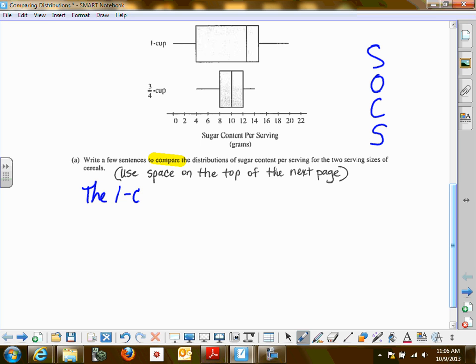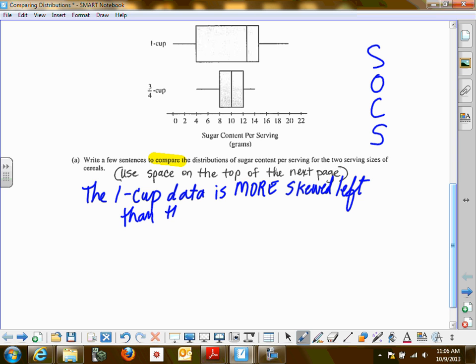The 1 cup data is more skewed left. And do not leave that "more" hanging out there. It's more than the 3/4 cup data.